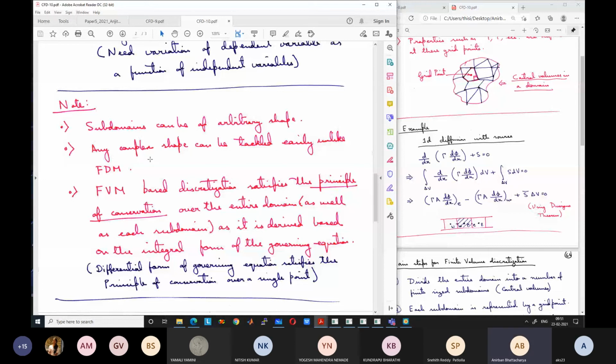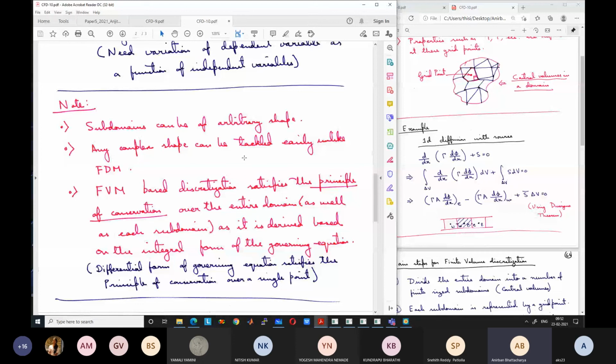So one of the major advantages of finite volume method is that you can tackle any arbitrary domain. So if you have a very complex domain, like say you want to solve the flow mechanism inside a gas turbine, there are complex blade shapes inside a gas turbine, and flow is occurring around the gas turbine blades.